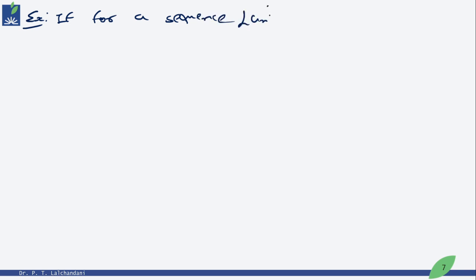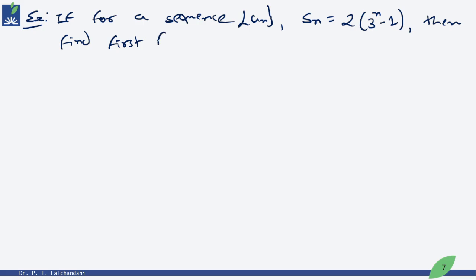If for a sequence an, Sn is equal to 2 into (3 raised to n minus 1), then find the first four terms of this arithmetic progression.